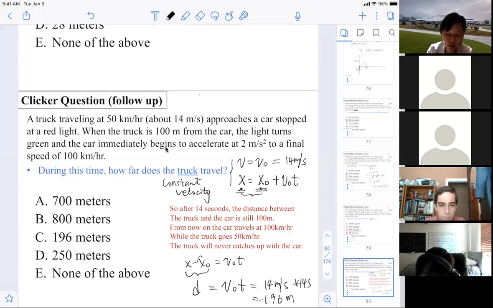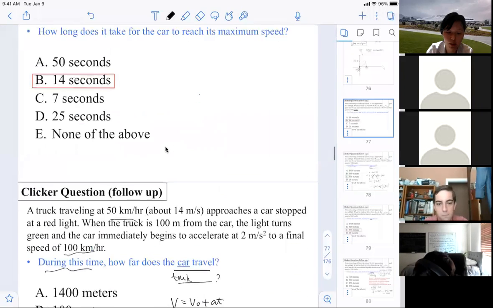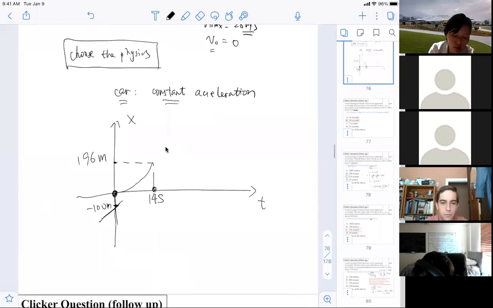The initial position of the truck is at negative 100 meters, so it had gone from that point another 196 meters. So it traveled 100 meters and then another 96 meters, so it will be somewhere here at 14 seconds. That's where the truck was. So if you finish the line for the truck, it is something like this.